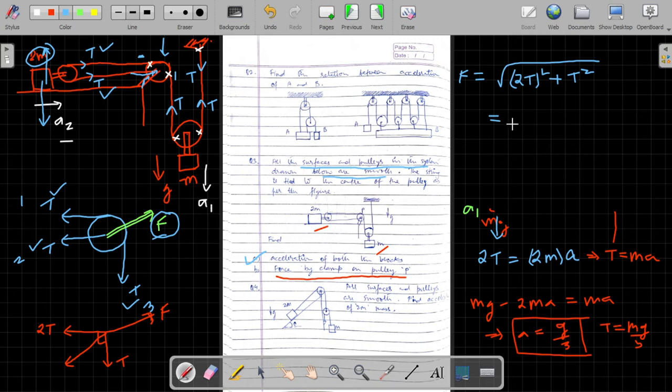So that would come out to be square root 5 into T, where tension T is mg by 3. So this is the force acting on the clamp, or by the clamp on the pulley.